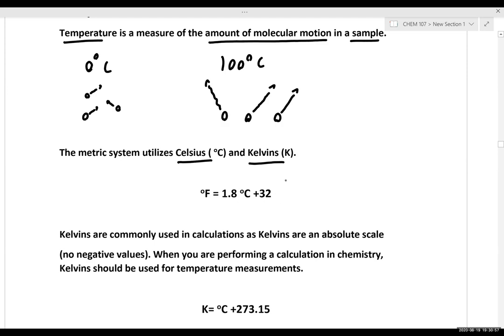No parentheses there. So if we wanted to go from Celsius to Fahrenheit, you'd plug in the temperature in Celsius here and then add 32.